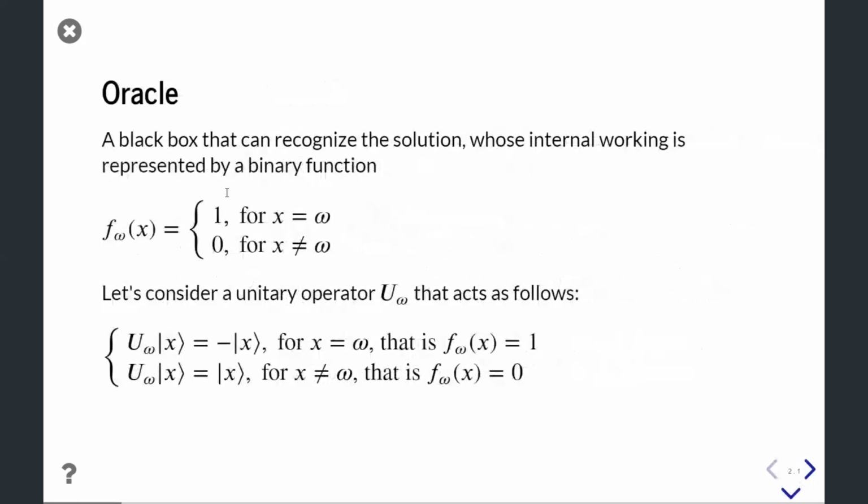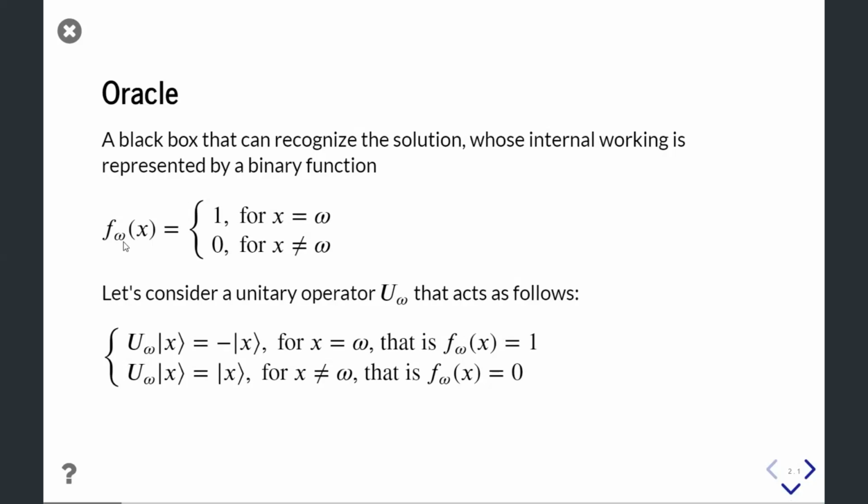Let's first consider a very simple function that provides 0 as a result at any time except when the input parameter is equal to a specific value, the omega value. The goal is how many times I should query my oracle to find the omega value.